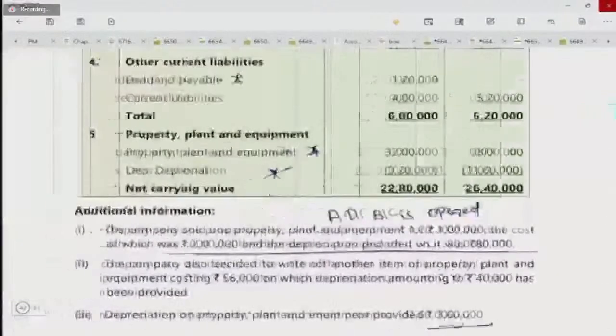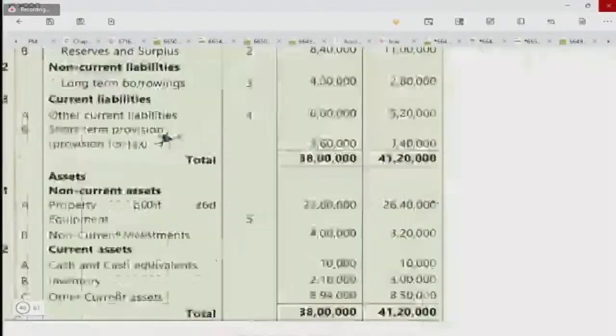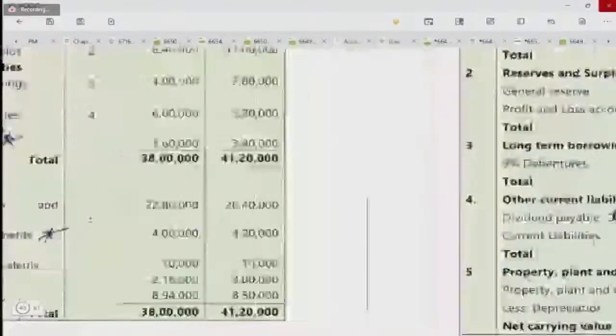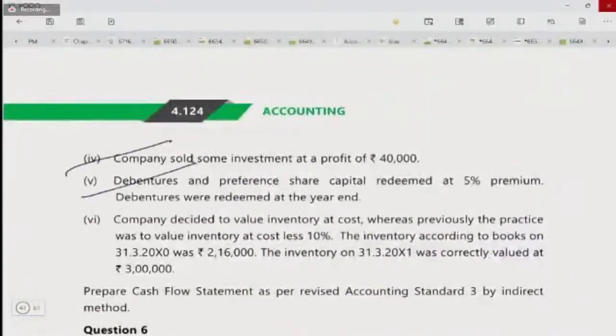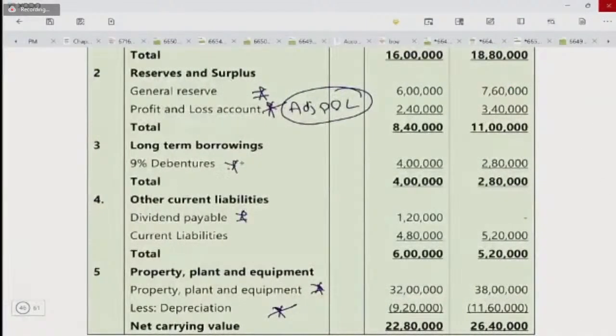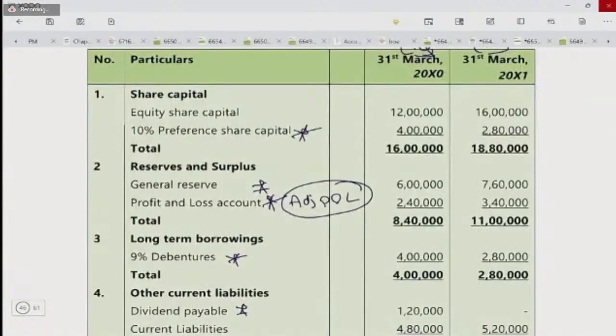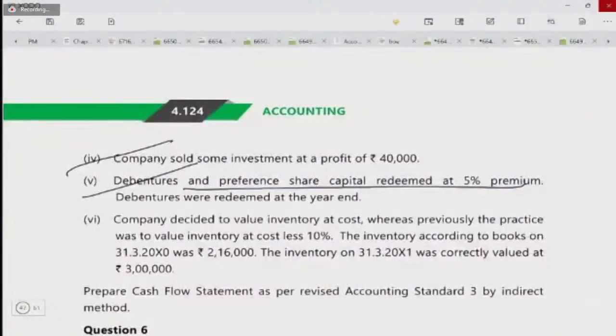Then investment sold, so the investment account has to be opened line by line. Debentures and preference shares are redeemed at a premium of 5%, so the debentures account and preference shares account are opened. And now this is an important adjustment. This is also important, first time.